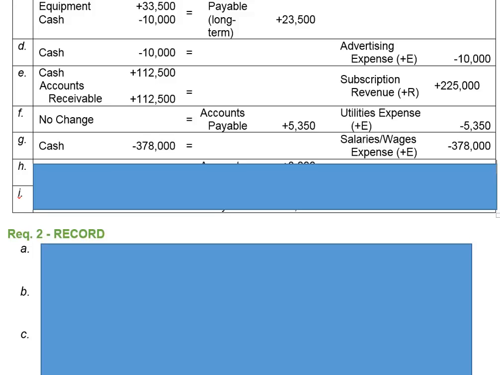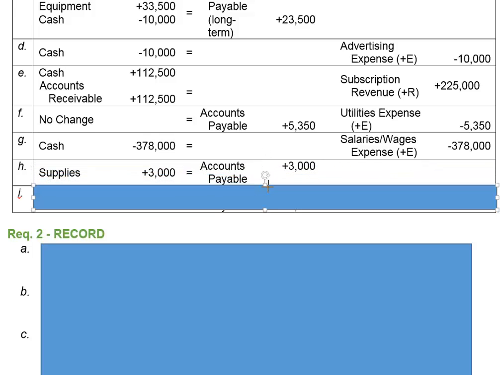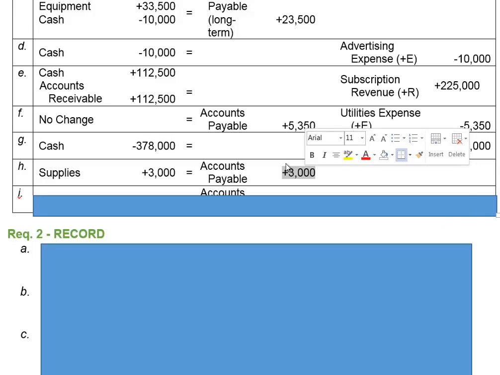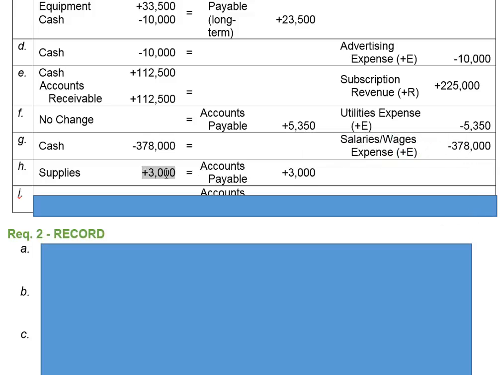In H, it says that we purchased $3,000 of supplies on account. So what happened there? Well, if you're buying on account, what does that mean? That means that you are not paying right away. So your liabilities are going up, accounts payable, and you got an asset, you got supplies. So your assets are going up on the left side, your liability is going up on the right, so your accounting equation is in balance.